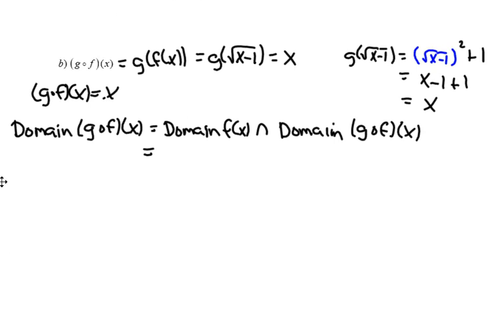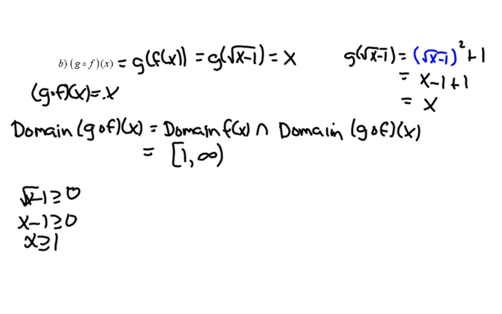So we'll write here x minus 1 is greater than or equal to 0. Square both sides and then add 1. So x is greater than or equal to 1. Interval notation, that's 1, included, to infinity. Okay. So we know the domain of the composition g of f of x is all reals because that's a linear function. So the intersection of these two sets is going to be 1 to infinity.